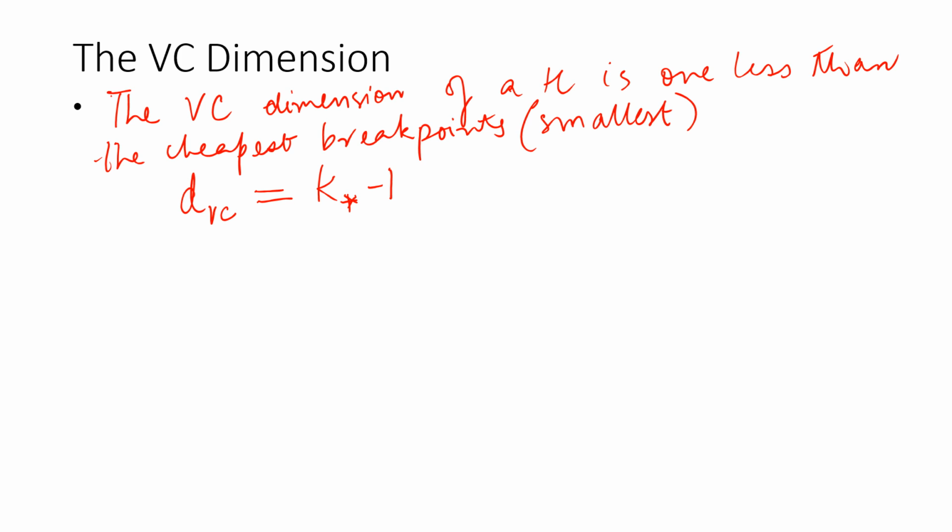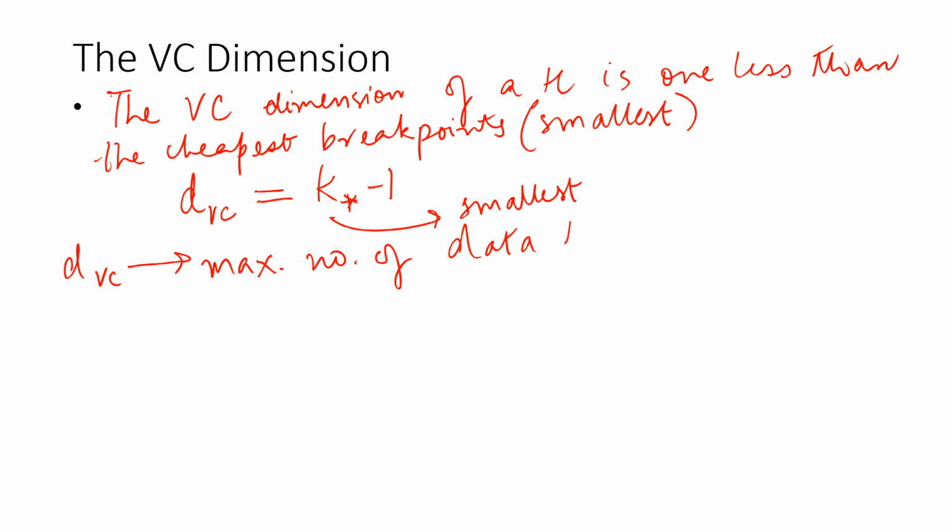Why am I denoting it by K star? Because I'm saying this is the smallest breakpoint. This means that the VC dimension is the maximum number of data points that can be shattered.